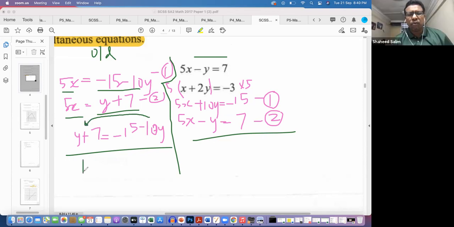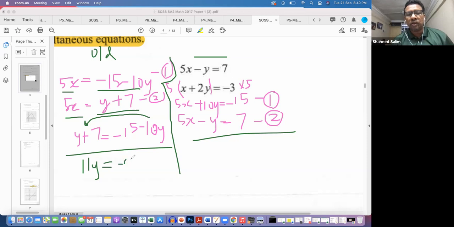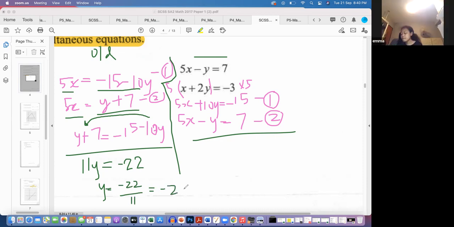So you get 11y, because it becomes positive, right? Bring the 7 to the other side, becomes minus 7, right? Becomes minus 22. You owe $7, you owe $15, you owe $22. You want to find y? Y equals negative 22 divided by 11, which gives you negative 2.